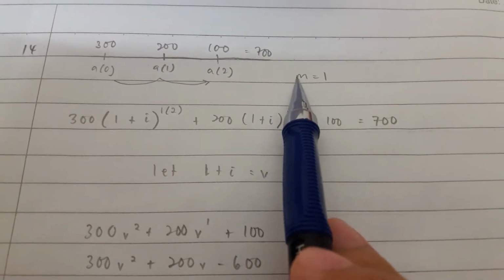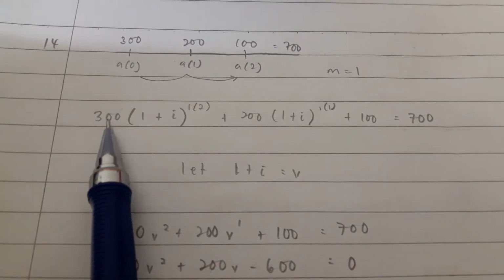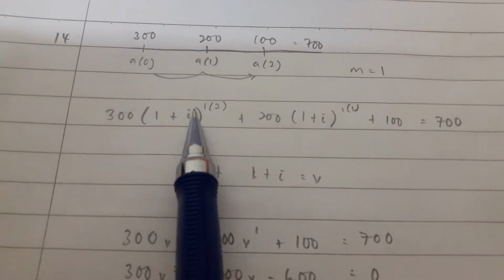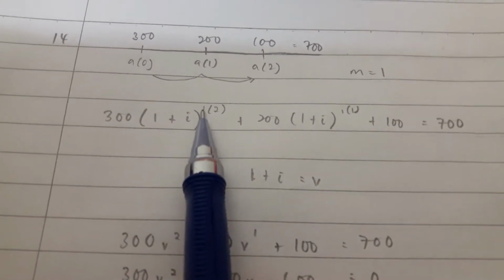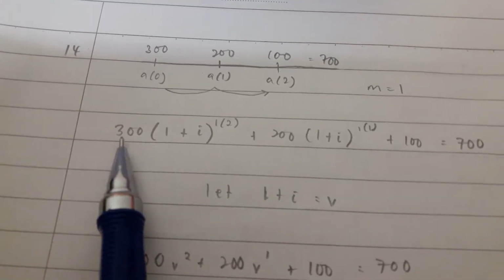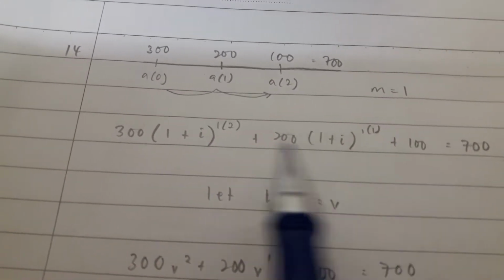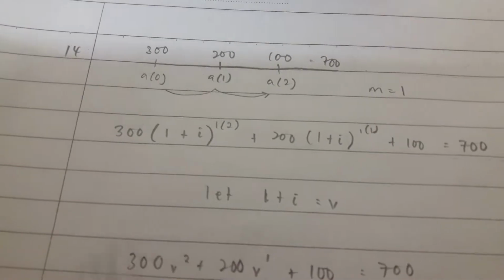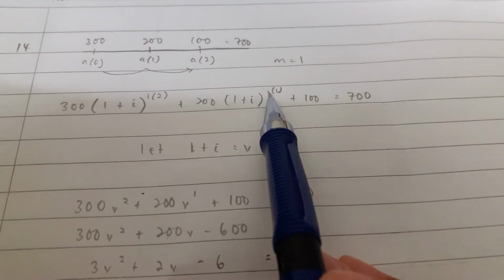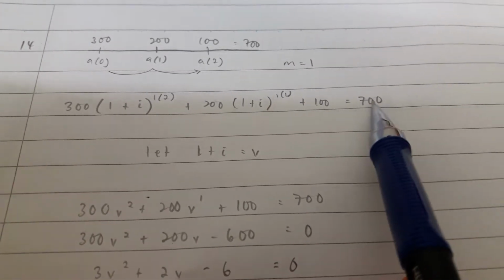And by that we'll know m equals 1, and we'll use the formula k times 1 plus i to the power of m times t. Then we put 300 times 1 plus i to the power of 2, plus 200 times 1 plus i to the power of 1, plus 100 equals 700.